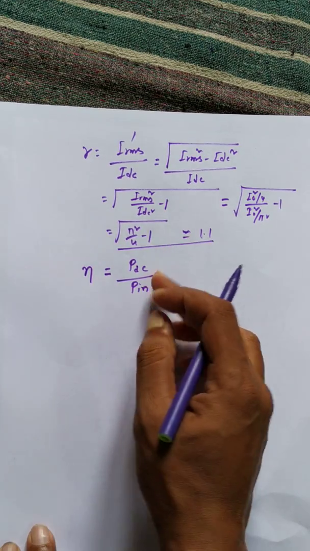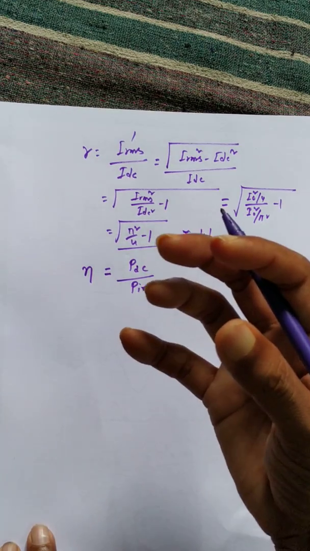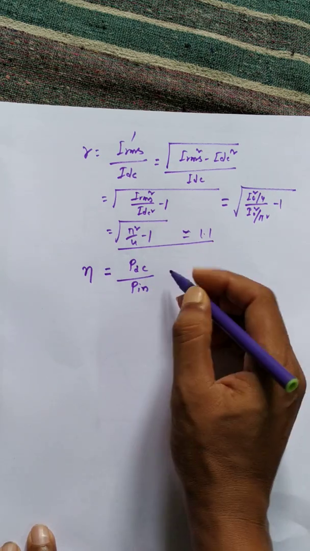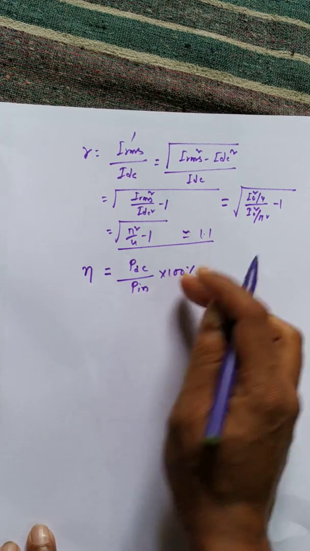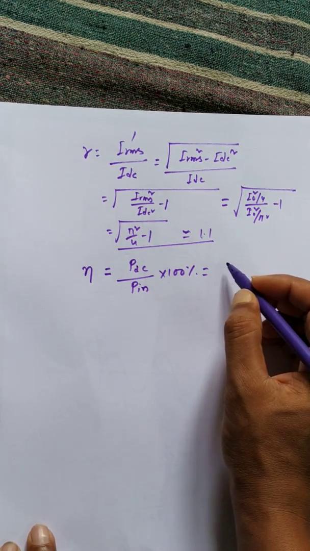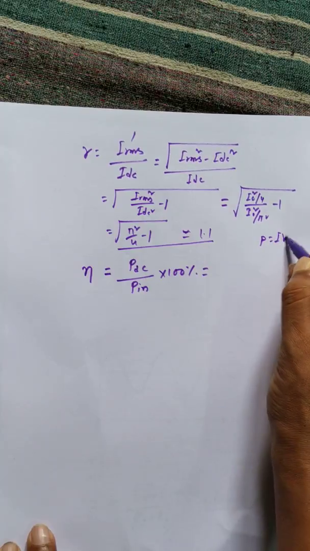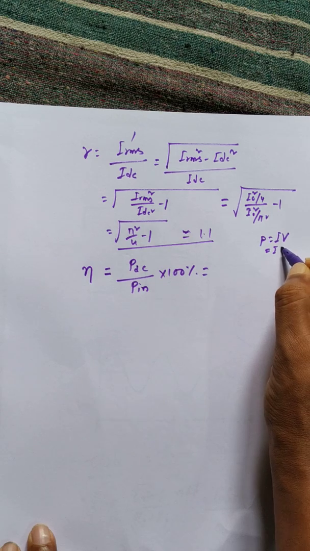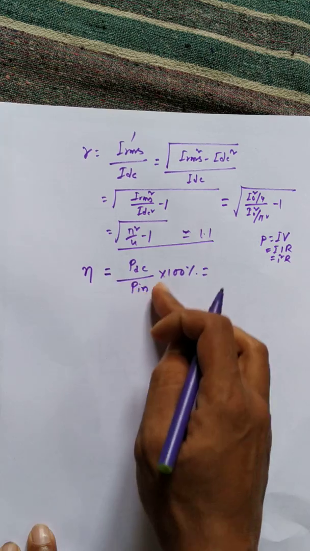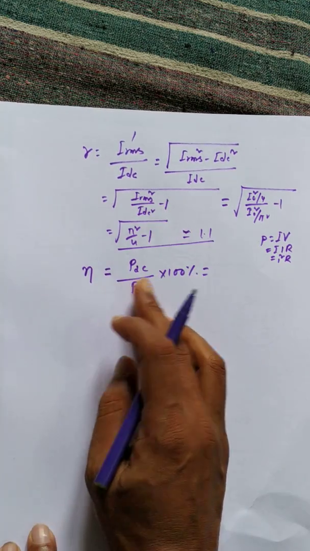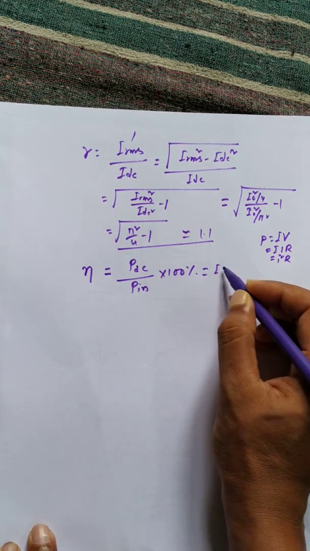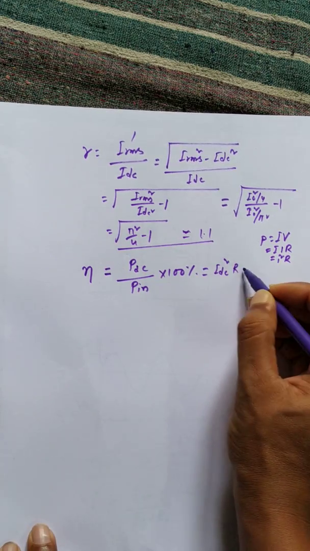Efficiency of rectification means how much of the AC signal is transformed into DC, times 100%. PDC means power, that is current times voltage, and from Ohm's law we know V is I into R, so power means I square R, and average DC power, we already calculated the average current, so IDC square into RL.